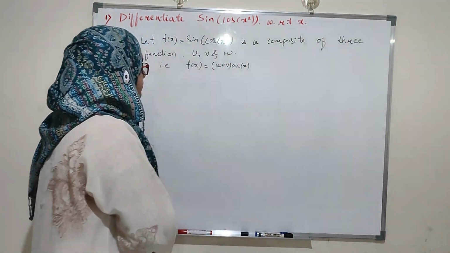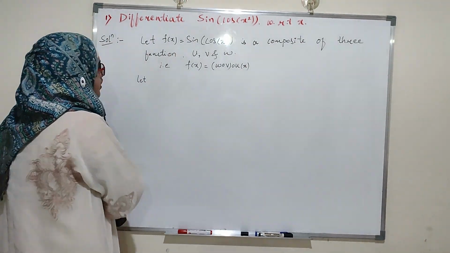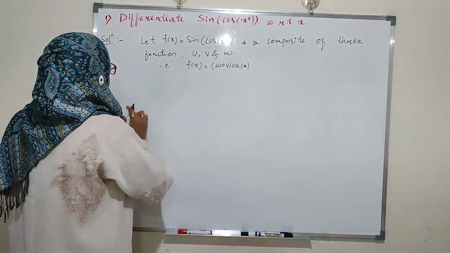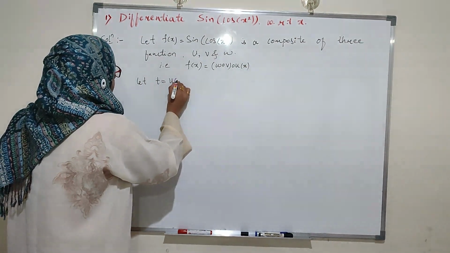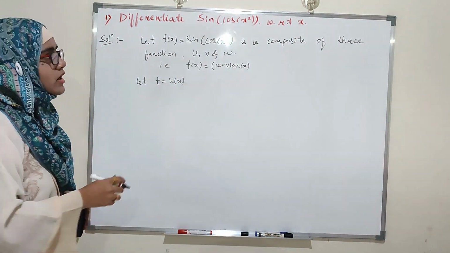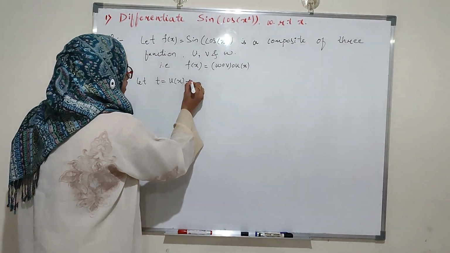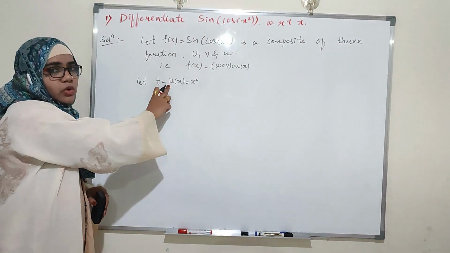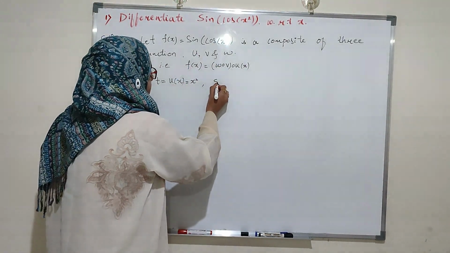Now, let t is equal to u of x, and we are taking x square as u of x. Okay, x square. Now further take s of t.